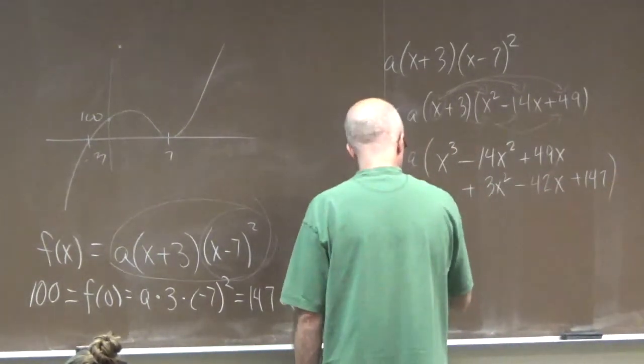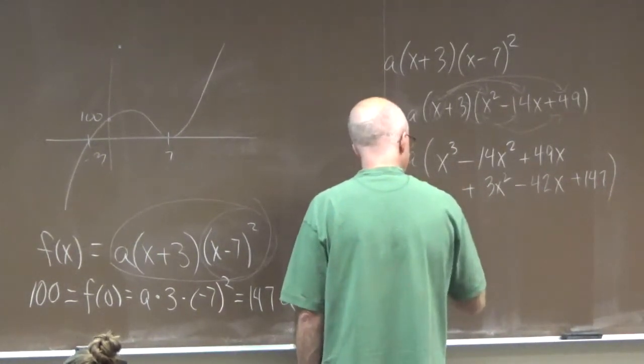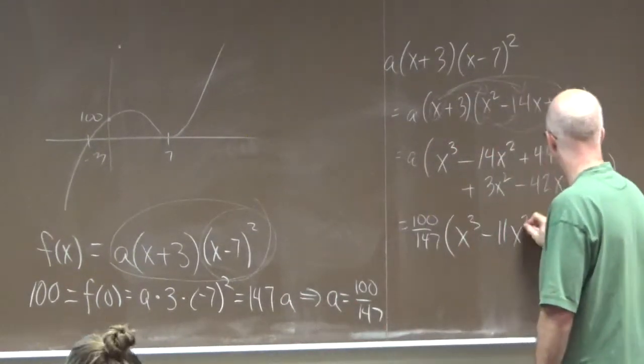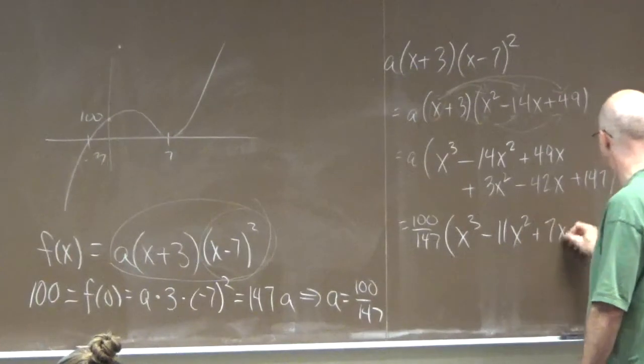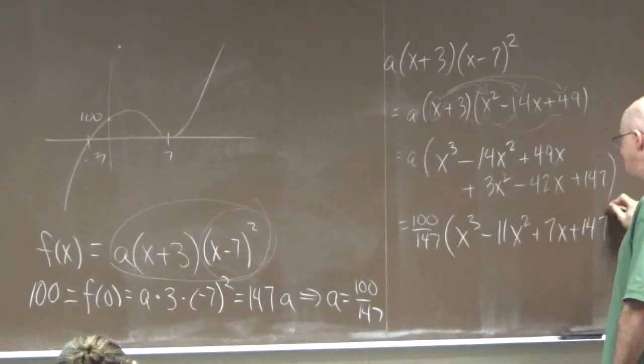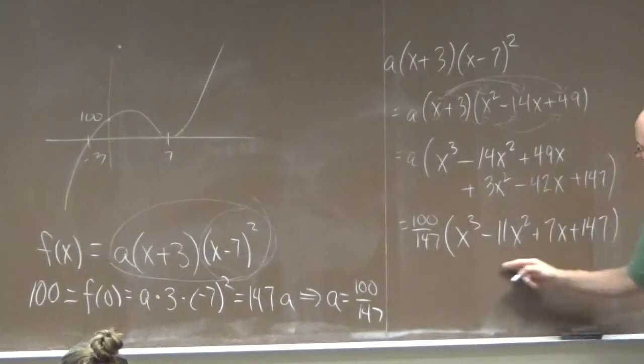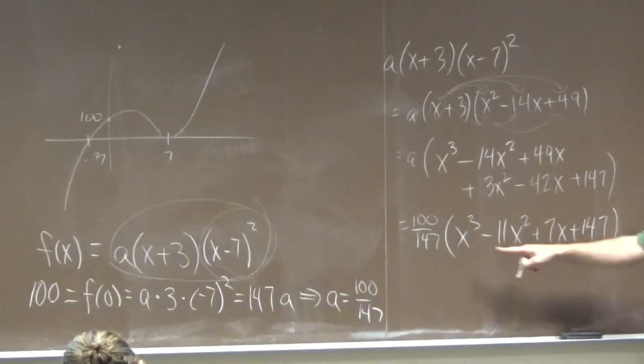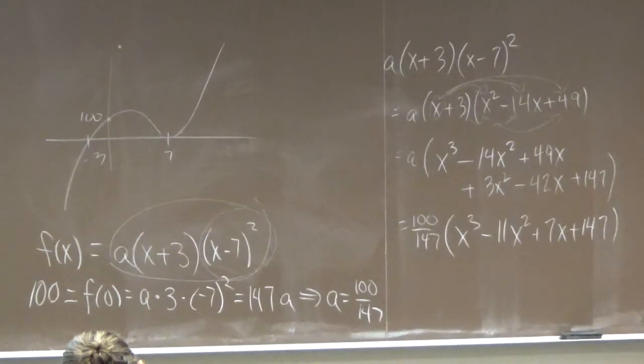I'll go ahead and plug in the a. 100 over 147 times, in parentheses, x cubed minus 11x squared plus 7x plus 147. Then if you like, you can distribute the 100 over 147 through. It would cancel with this one, it would leave you 100, but you'd have fractions in front of the other terms. Is there a question over there?